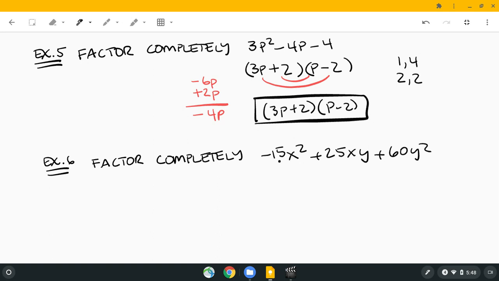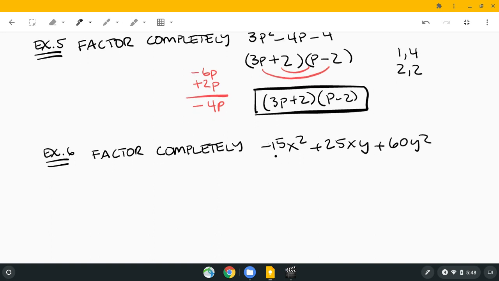So in order to make this positive, I'm going to factor out the common factor, which is -5. By doing that, this becomes positive, and the next term becomes negative, and this third term will be negative.